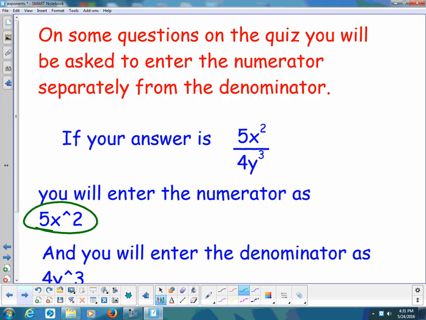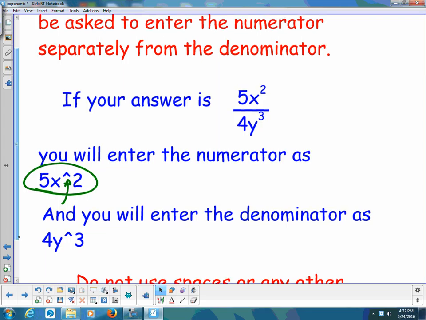Don't put any spaces in. Don't try and put in a multiplication dot or anything like that. You're going to do 5x with this little caret sign and then a 2. That little caret sign means raised to the power. So it's really 5 times x raised to the 2nd. Don't do anything other than what you see right there.